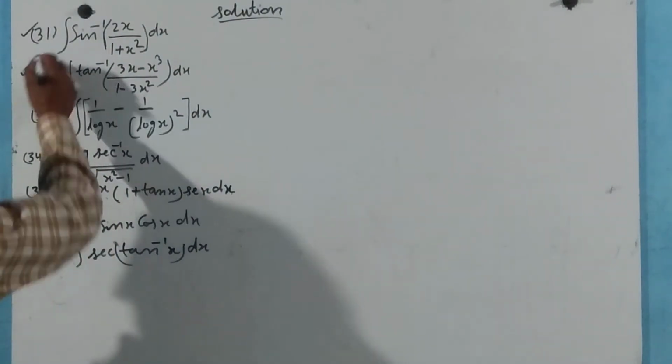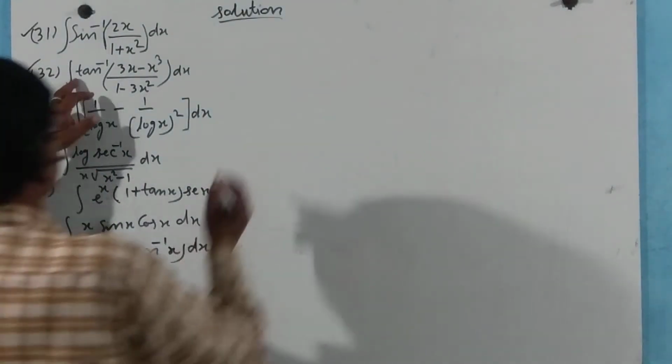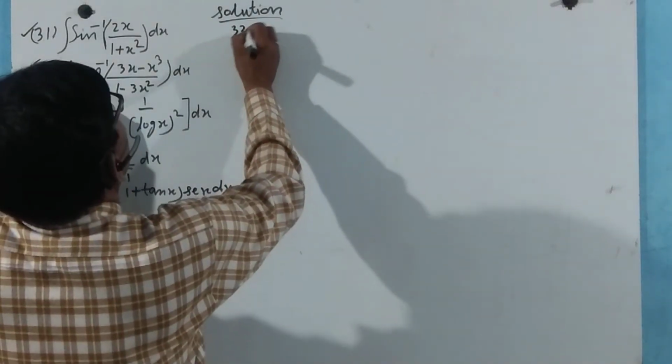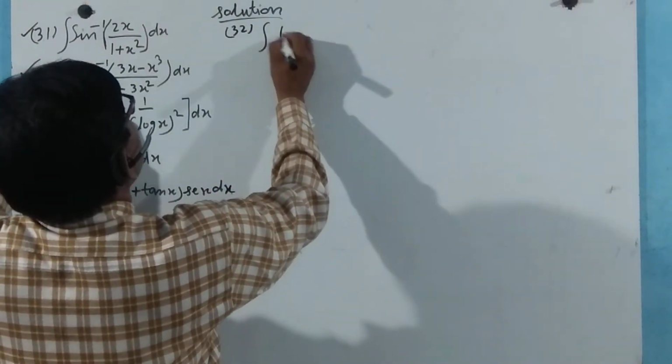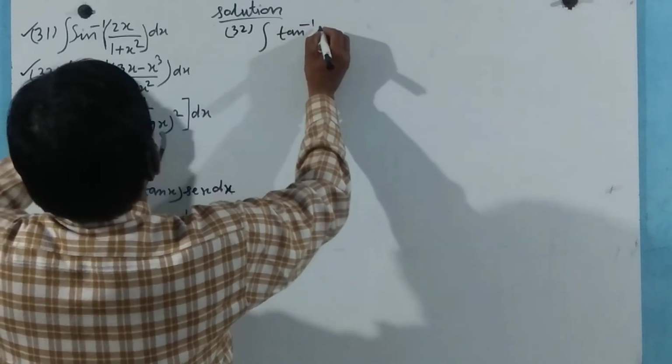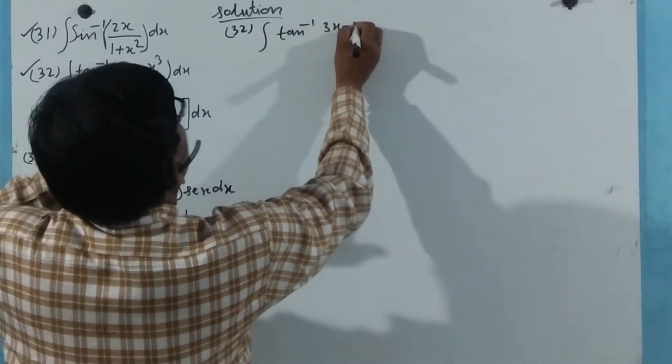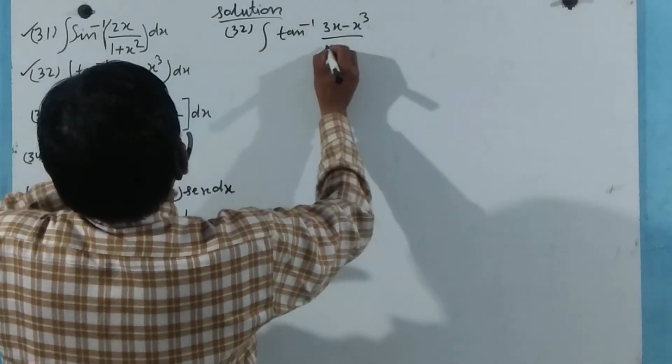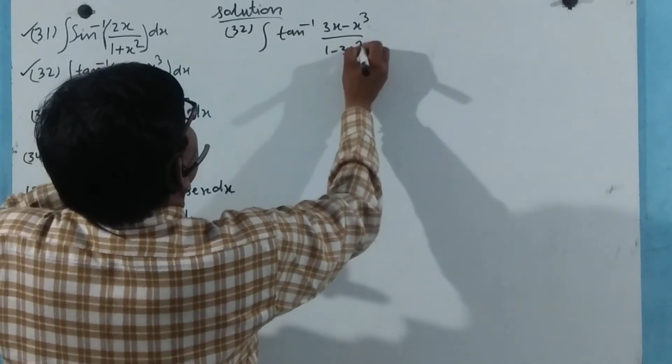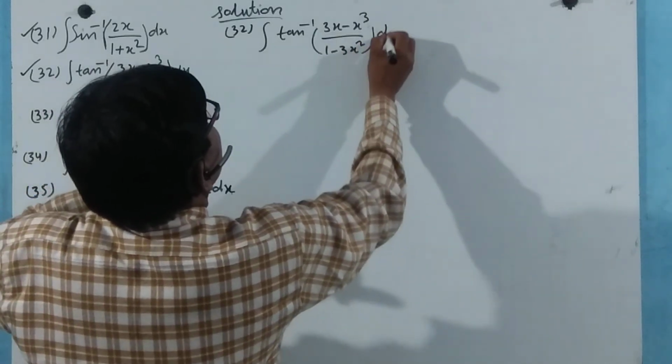Now question number 32: integration of tan inverse of 3x minus x cube divided by 1 minus 3x square dx.